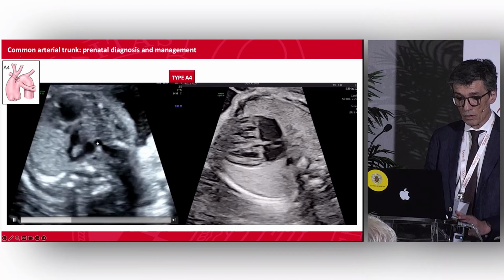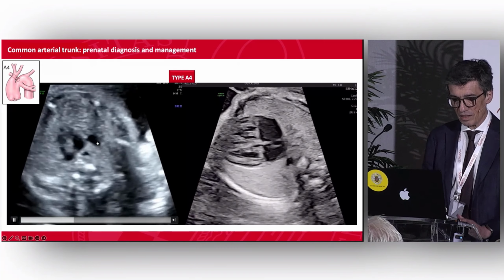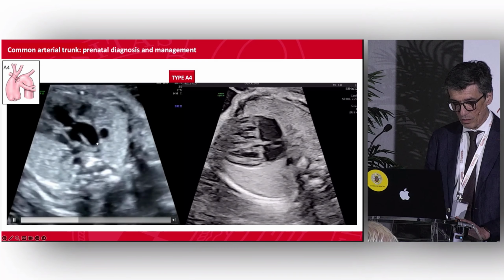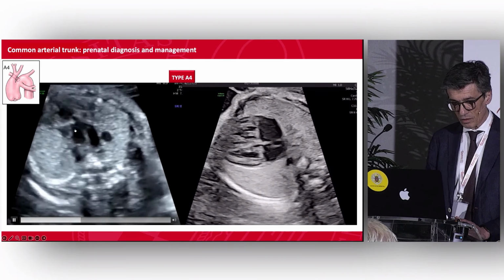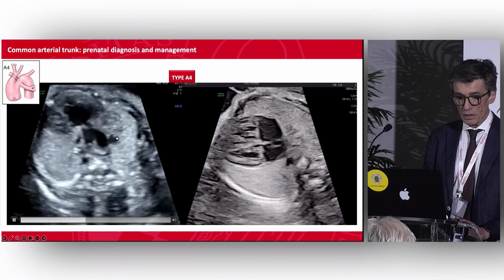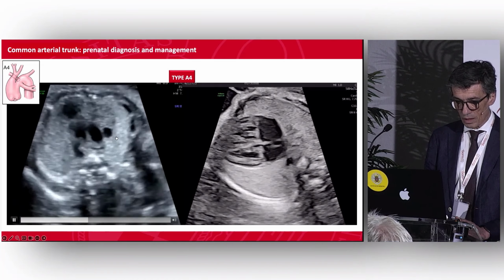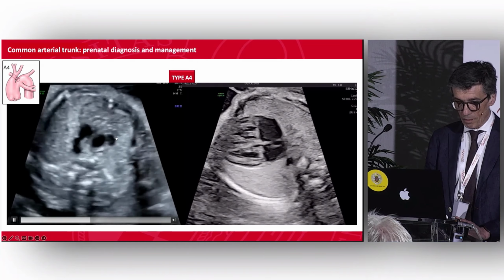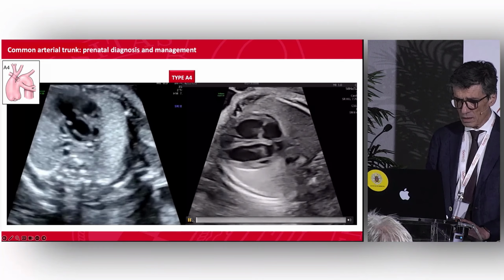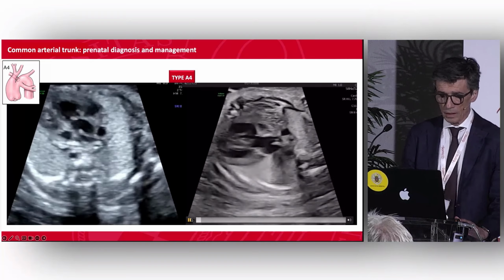So you will see with color Doppler an almost normal 3 vessels and trachea view. You have here the aorta, and this is the duct and the pulmonary branches. This is usually seen when the aortic arch is hypoplastic or even interrupted, which is the case in the right video clip.